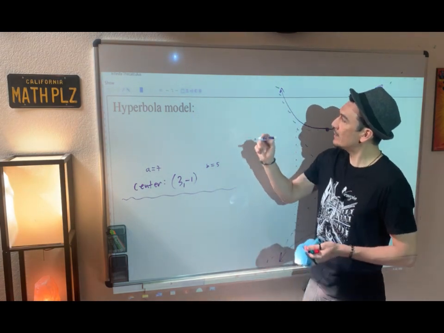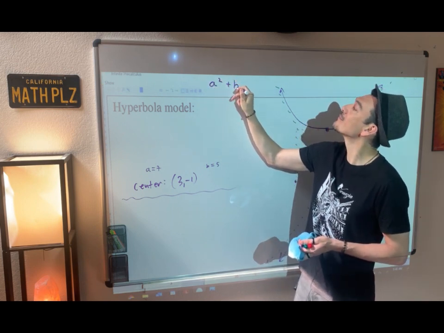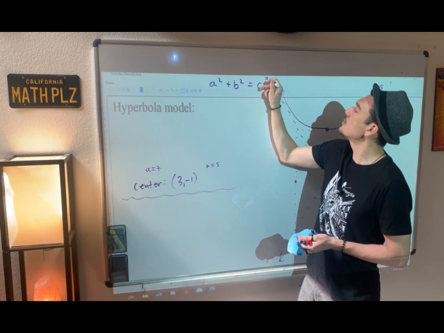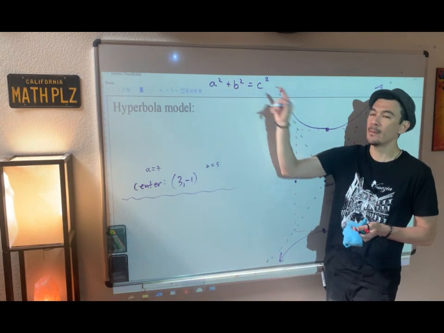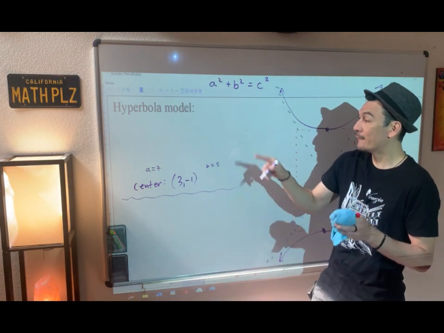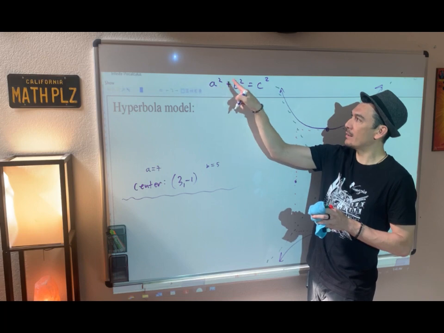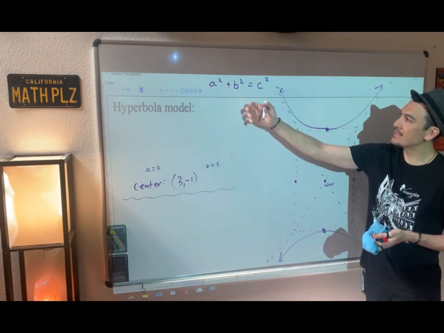So for the hyperbola, it is also true, so jot this down, really important. It is also true for the hyperbola that a squared plus b squared equals c squared. I know for the ellipse it was minus, but no, for the hyperbola, it's a squared plus b squared equals c squared, like the Pythagorean theorem, okay? So that's also true.